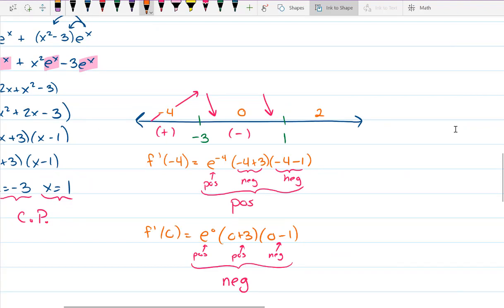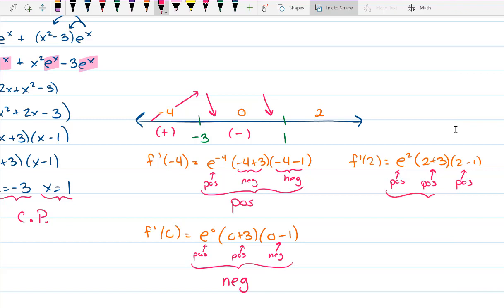And we do one more, which is g prime of 2, which is e squared, 2 plus 3, and 2 minus 1. Here this one's positive, and if you guess what's going to happen, all of these are going to be positive. So the whole function is positive. So we can see that we have a local max at negative 3 and a local min at 1.